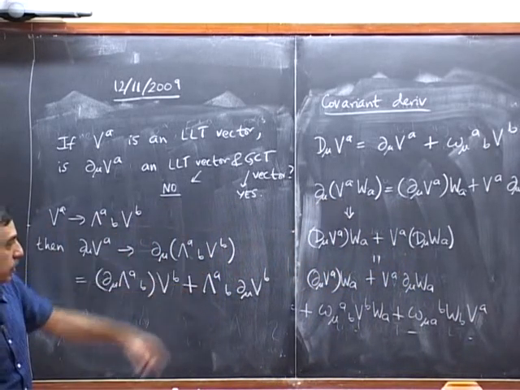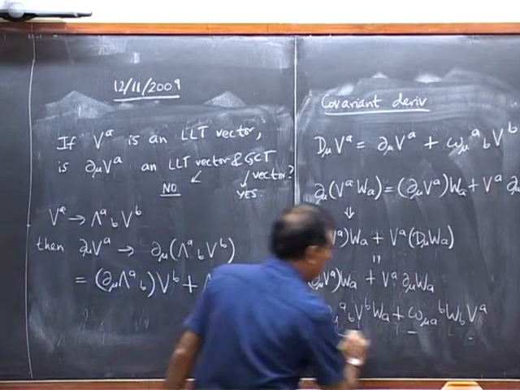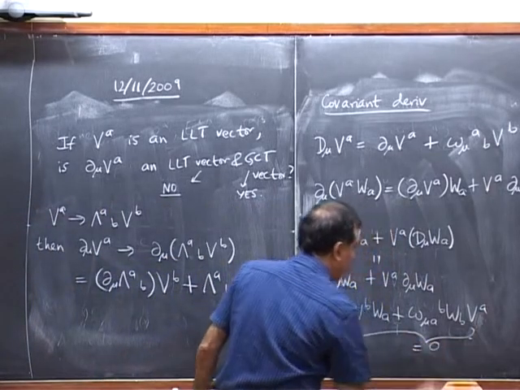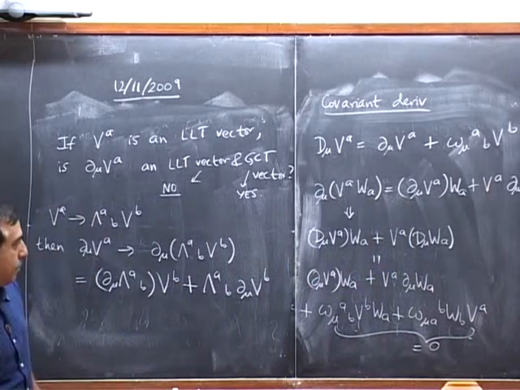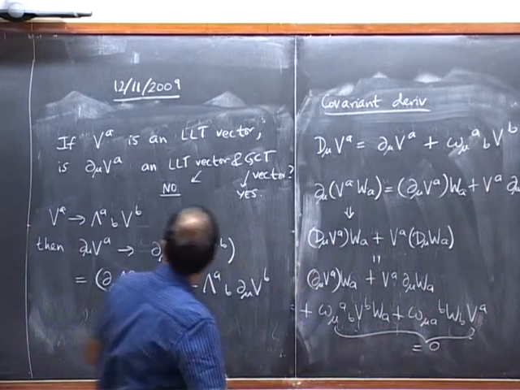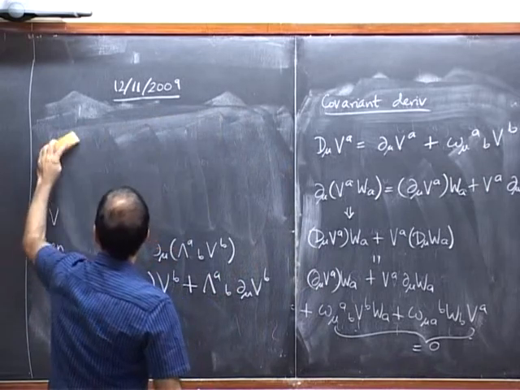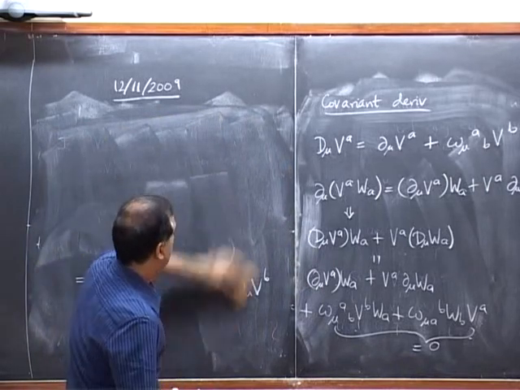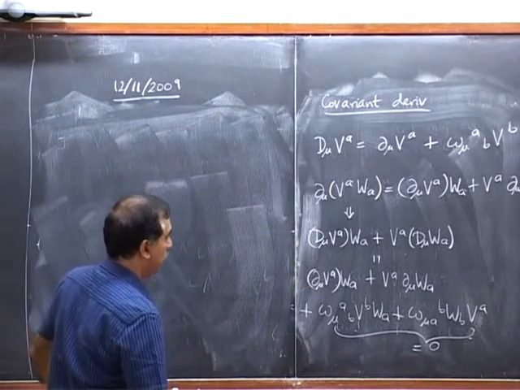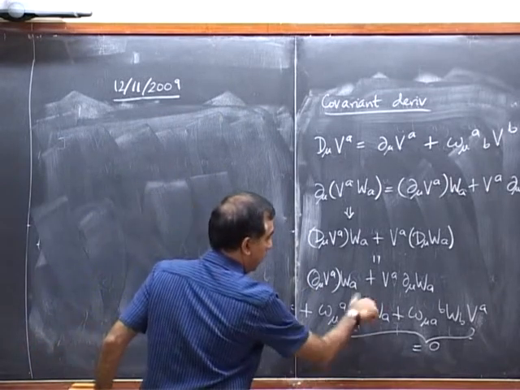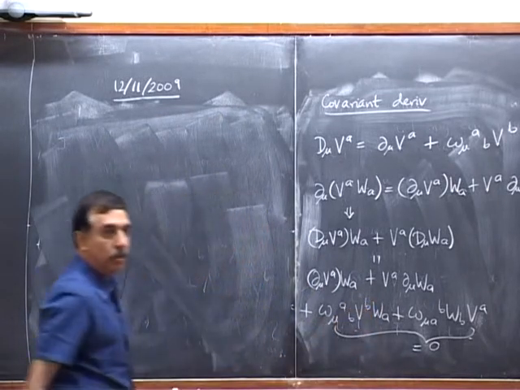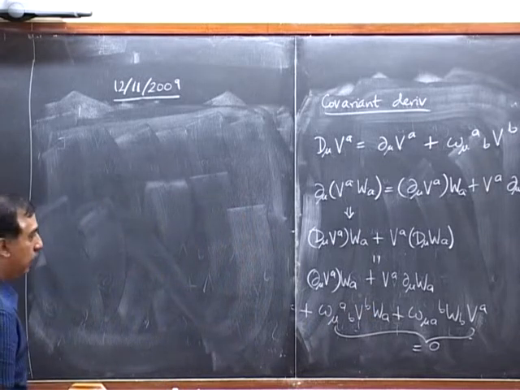Okay, so comparing the two sides, we see that this whole thing must add up to 0. It's convenient to think of omega mu as having both its indices up. I emphasize that you can always raise and lower them. So this b and this b, we can just raise one and lower the other. Eta does that.